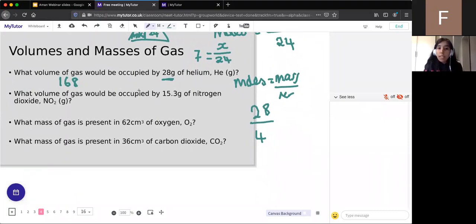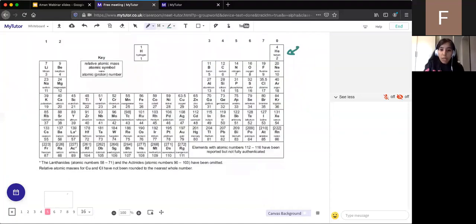What volume of gas would be occupied by 15.3 grams of nitrogen dioxide? So again, we need to convert this grams into moles. We've got our equation on the right here that moles equals mass over MR. So our mass is 15.3. We need the MR of nitrogen dioxide. They've told us that that's NO2. If we look at our periodic table, we know oxygen is 16.